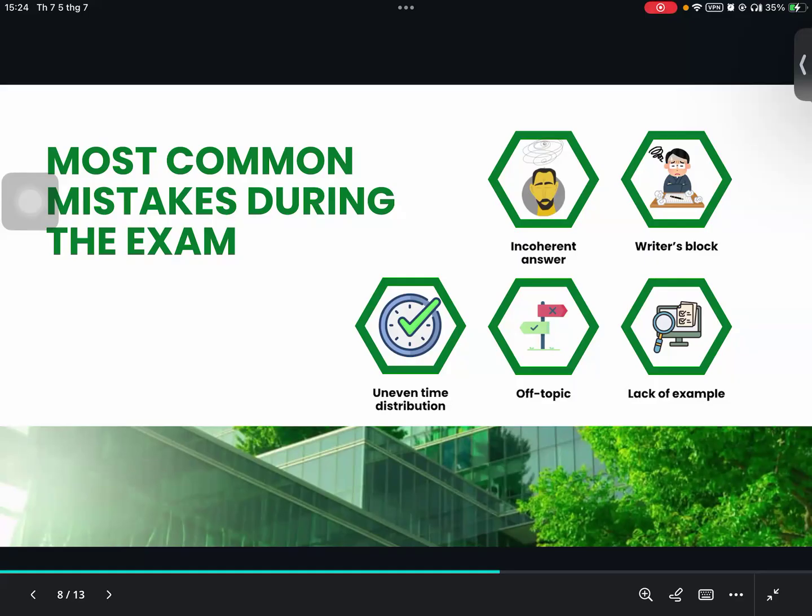So for every point of your answer, you should refer to your own real world example. If you don't have any real world example, just create it, no matter, because they don't check the authenticity of that example. Or if the question has a scenario, then you need to refer to the scenario details.